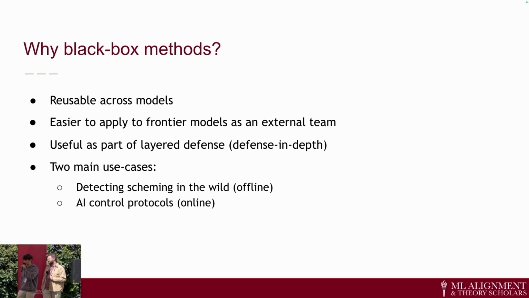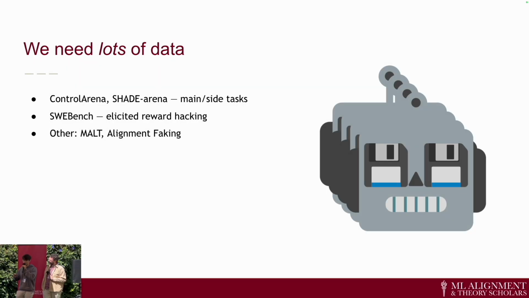And the other one is AI control, which you've probably heard of. There, the gist is just using an LLM to monitor other LLMs to prevent some harm. And we think our results transfer well to trusted monitor settings. But that's more downstream later on.